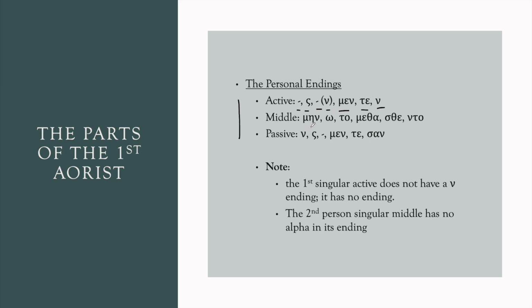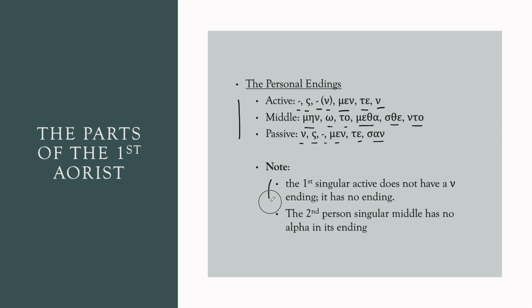In the middle, again, men, omega, to, metha, sthe, nto. And the passive, n, s, zero ending, men, te, and san.